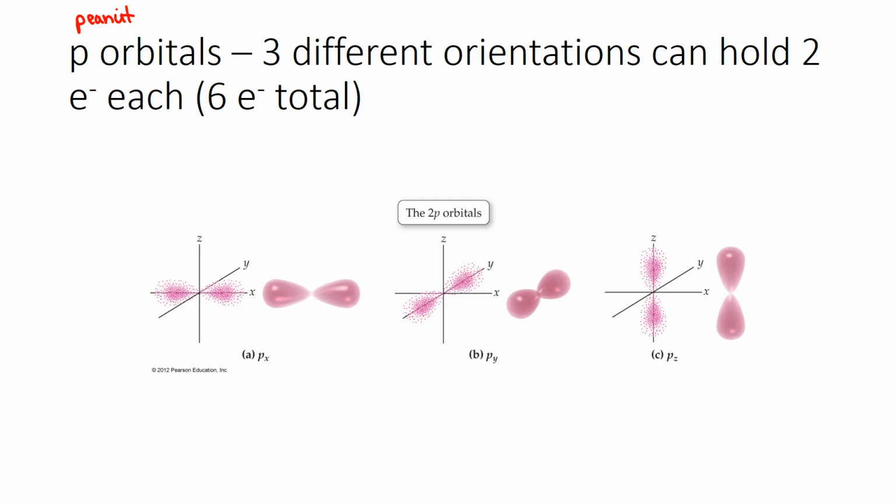We can lay it on the x-axis, we can lay it on the y-axis, or we can lay it on the z. All right. So there's 3 different orientations. Each orientation can hold 2 electrons. So that means that the p sublevel can hold 6 electrons total.